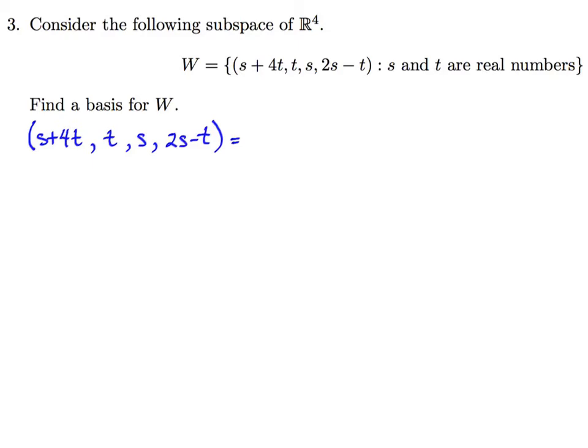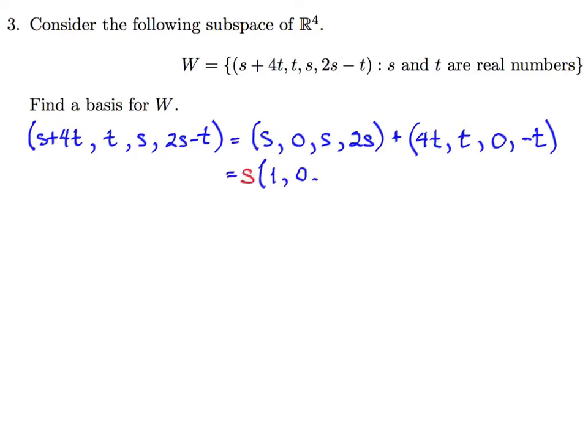First, write it as a sum of just 2 4-tuples, each one involving one of the parameters. The first one just has the parameter s in it. The second one just has the parameter t. And now we can rewrite this sum as a linear combination of exactly 2 4-tuples from R4. So the first one is s times 1, 0, 1, 2.